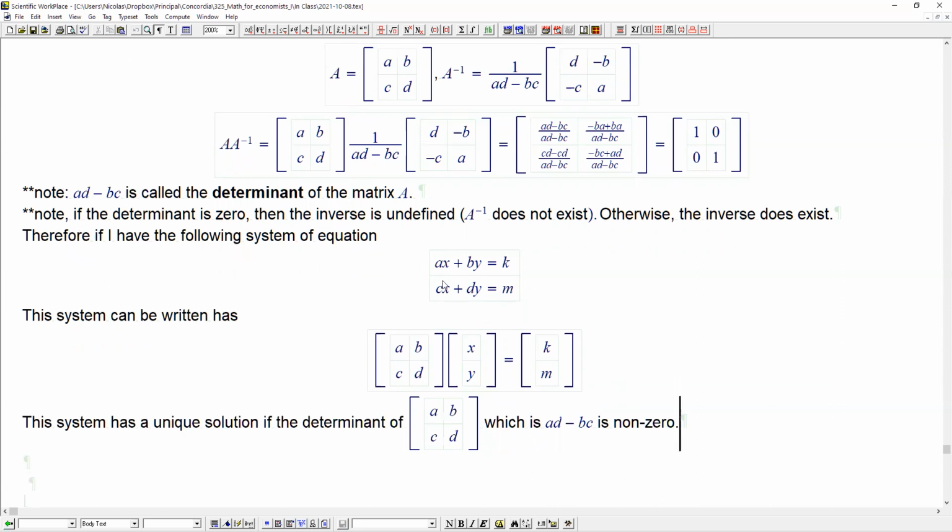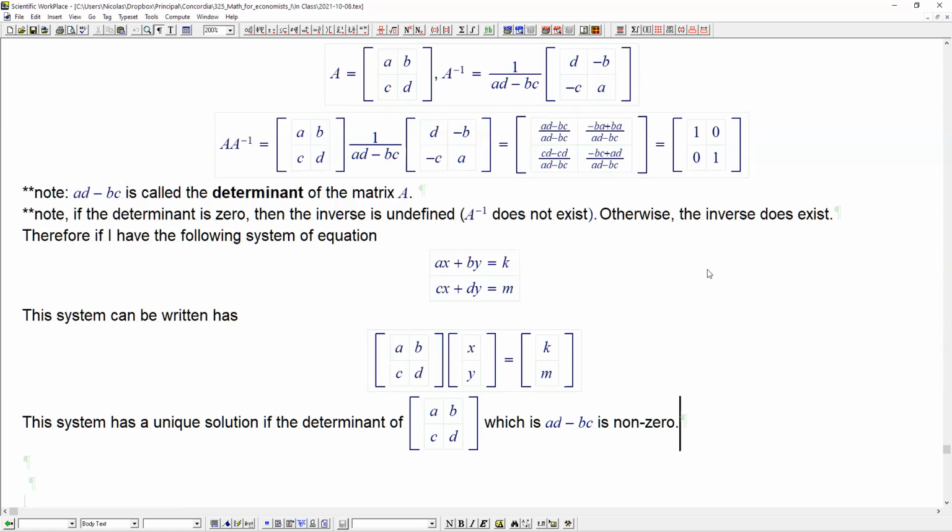So every time you have a system of two equations, two unknowns, then you just compute AD minus BC, and you know if you have a unique solution or not. You don't have to solve anything. Of course, at some point, solving is quite easy if you have only two variables and two equations, but still it's a neat simple trick to know.